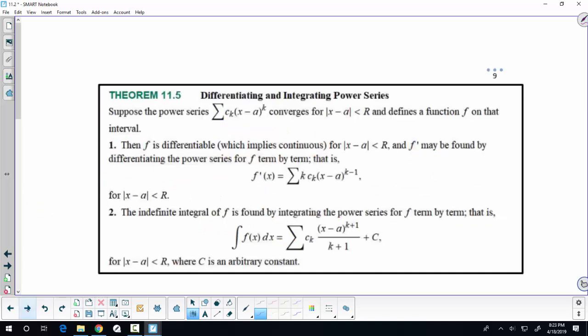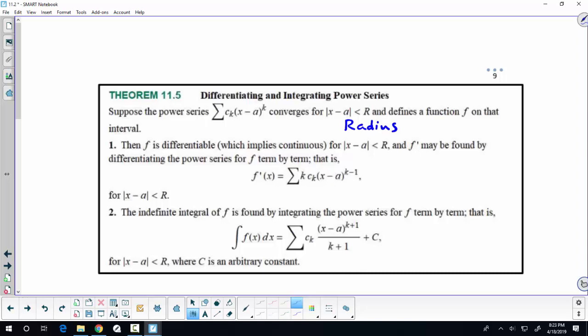We can differentiate and integrate power series, as well as multiplying, adding, and composing. We've got a power series that converges for this particular value. Remember, this is basically giving us our radius. It defines some function f on that particular interval of convergence.